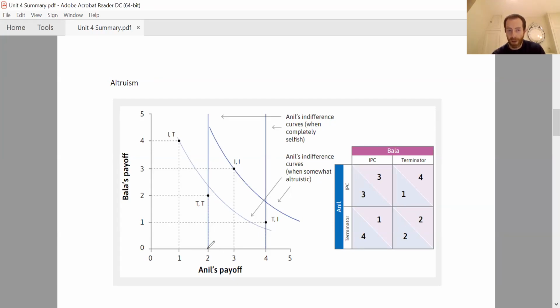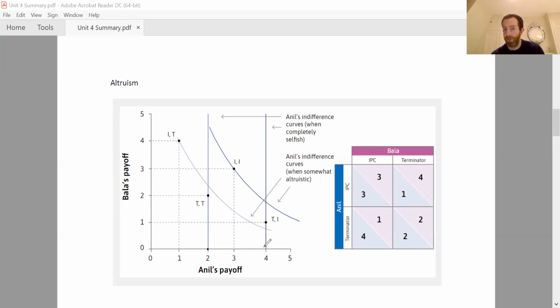So if we're at this point here where Anil gets a payoff of 2 and Bala gets a payoff of 0, Anil has this level of happiness. And then as we move up this line, Anil is still getting 2, right? Constantly getting 2. Bala is getting a higher payoff, but this has no impact on the utility of Anil, right? He's just as happy if he gets 2 and Bala gets 0 as if he gets 2 and Bala gets 5. Same level of happiness, doesn't care about her payoff.